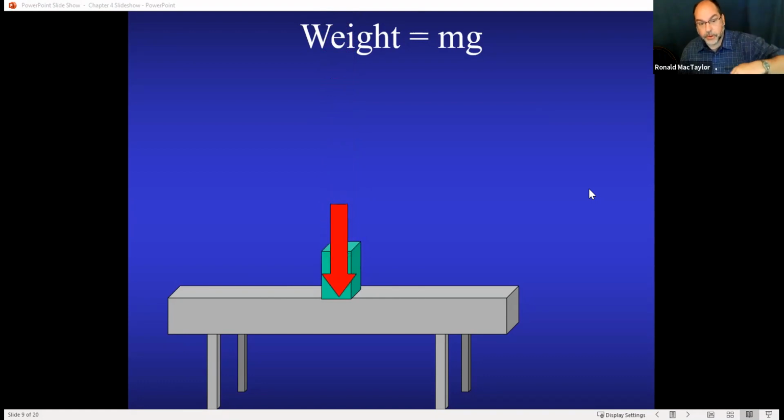It's a vector directed down toward the surface of the earth. And this 10-kilogram box, being directed downward in the negative y-axis, has an acceleration of negative 9.8 meters per second squared as it falls down to the table.